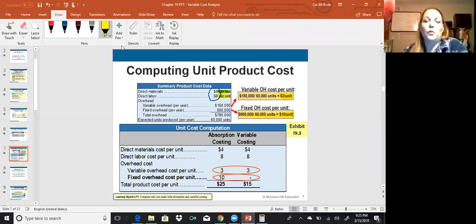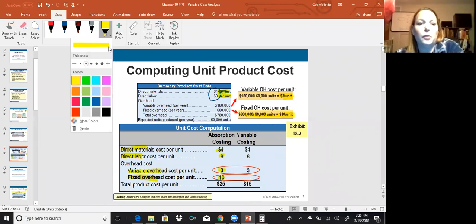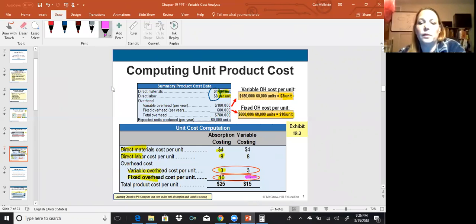So now we've got absorption costing and variable costing. Under absorption costing, we're going to put our direct materials, direct labor, and both overheads in. The only difference between the two is that for variable costing, we're not going to do anything with fixed overhead. So if we were using absorption costing, which is what we use for GAAP, our cost per unit would be $25.